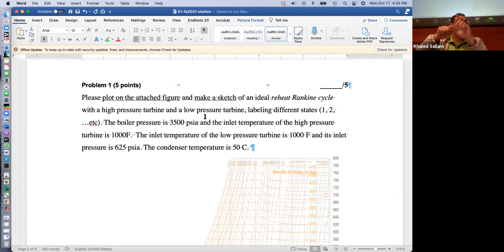So he expanded in the turbine, took it to the boiler, reheated a little bit, and came back to the low pressure turbine, and then all the way to the condenser, pump, boiler, and so on and so forth, right? And he gave us the boiler pressure.